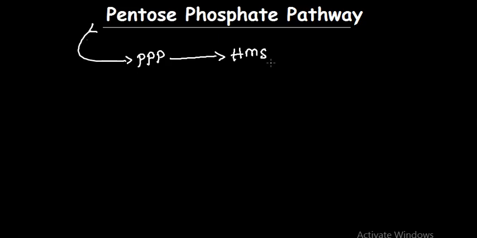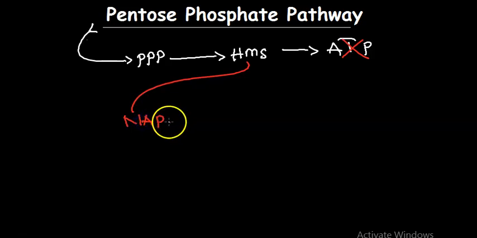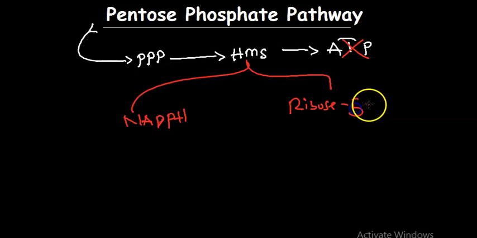Notice that the pentose phosphate pathway is an alternative pathway of glucose metabolism, and this does not produce ATP, but it generates the NADPH and the ribose 5-phosphate.